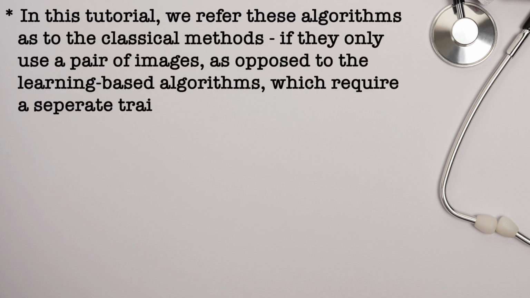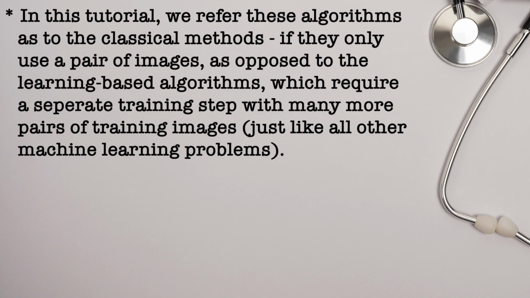In this topic, we refer to these algorithms as classical methods if they only use a pair of images, as opposed to learning based algorithms, which require a separate training step with many more pairs of training images, just like all other machine learning algorithms.